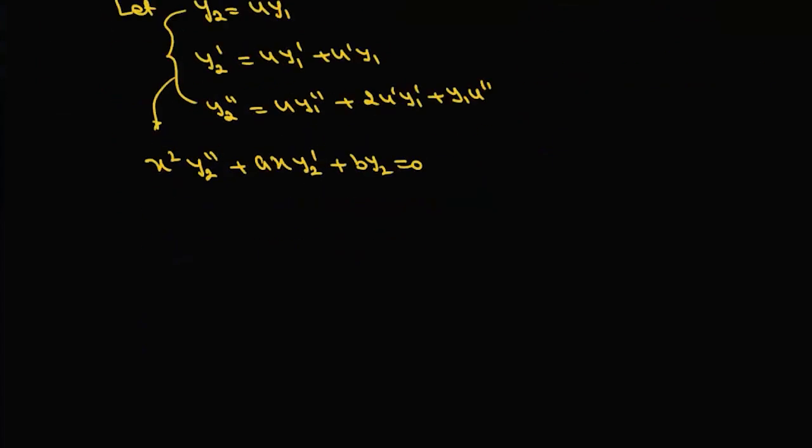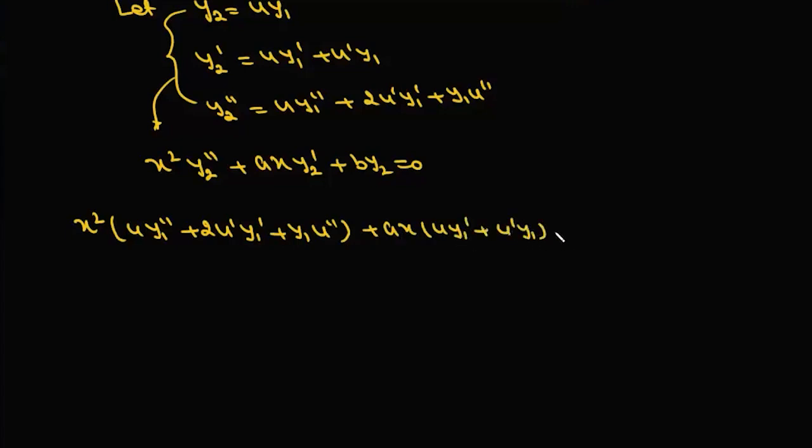So it will be x squared times u y1 double dash plus 2 u dash y1 dash plus y1 u double dash, plus ax times u y1 dash plus u dash y1, and plus b times y2, which is u y1, equals 0. Now what we'll do is we'll take terms of u together.